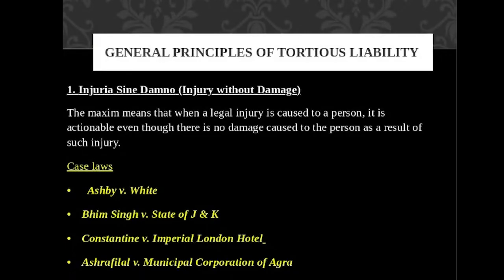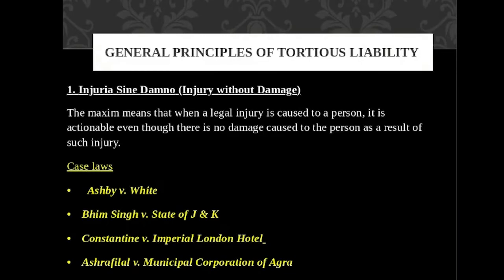The second case is that of Williamson versus State of J&K, a 1968 case. In this case, the petitioner, an MLA of the state of Jammu and Kashmir Assembly, was wrongfully detained by the police while he was going to attend the assembly session. Also, he was not produced before the magistrate within 24 hours as was required by the law.